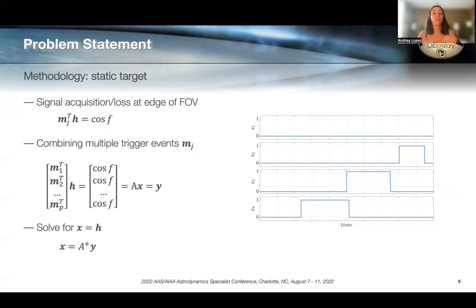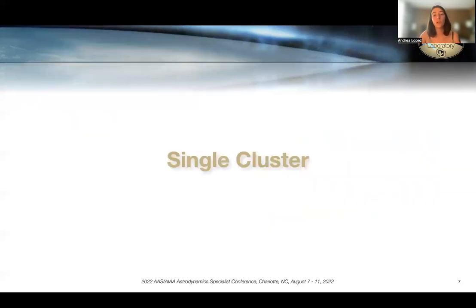By collecting all of these measurements and putting them together in matrix vector form, we can very easily solve for the heading. By the way, we're assuming that the target is a point source and static with respect to the spacecraft. So we can just do a batch least squares to solve.